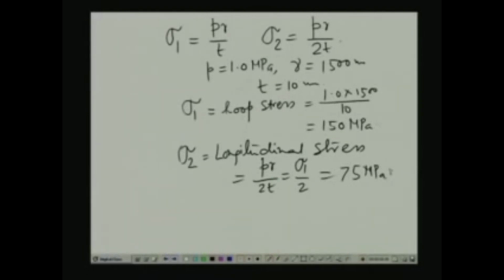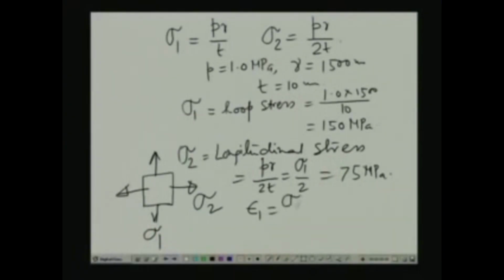As we have seen, sigma 2 acts in the longitudinal direction of the vessel, and sigma 1 acts in the circumferential direction. If we would like to find the increase in the diameter, we must know how much strain it is undergoing in the circumferential direction. So we are interested in evaluating the strain in the circumferential direction, which we call epsilon 1.